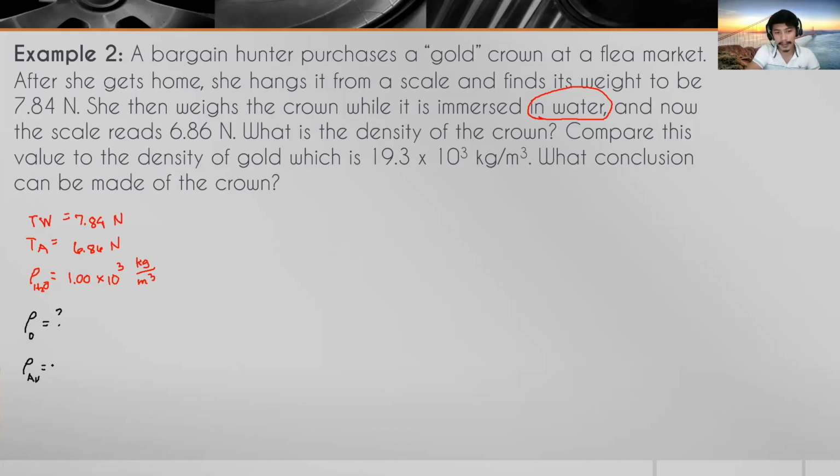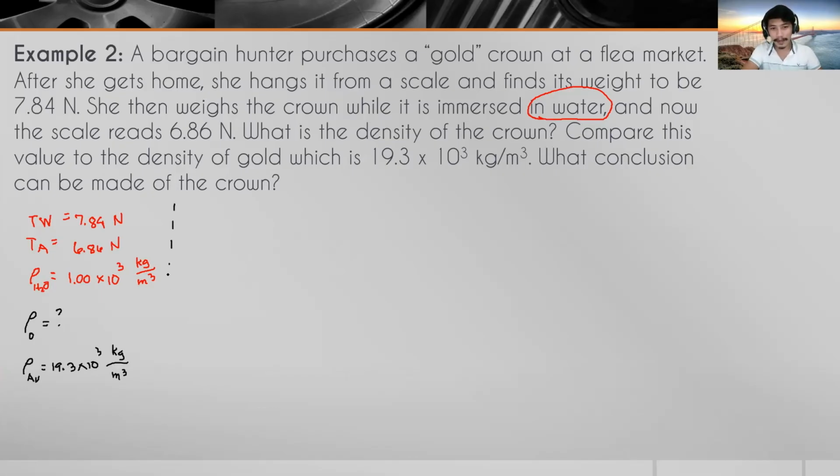The density of gold is 19.3 times 10 to the power of 3 kilograms per cubic meter. Take note, what we are looking for is the density of our object.